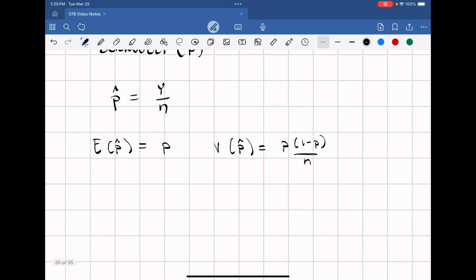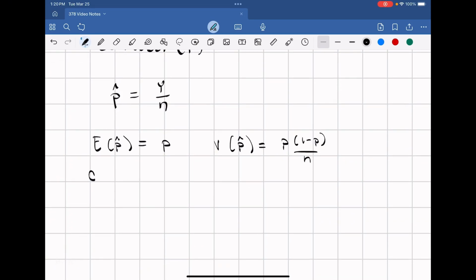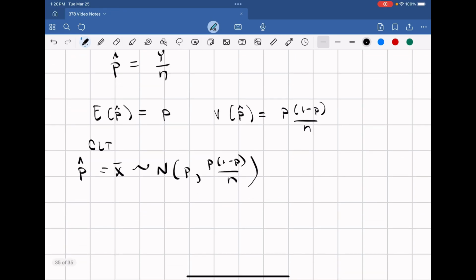So with this information, we can then employ the central limit theorem, which says that it doesn't matter what the underlying distribution is, x bar will be distributed normally as the sample size gets big with the expected value of p hat, which is p, and the variance of p hat, which is p, 1 minus p over n. And so that's what we have for the central limit theorem. The other thing to note here is another way to write x bar is simply p hat.